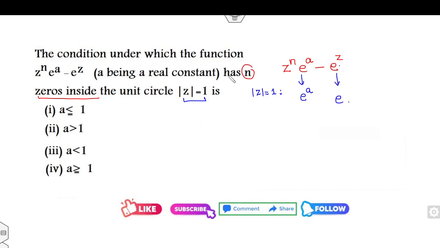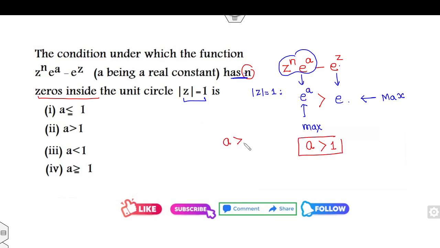When it has n number of zeros, can you find the maximum value? It has n number of zeros only when the term corresponding to degree n is the maximum. It is maximum only when a, because you can see when this quantity is greater than e. So that means a is strictly greater than 1.